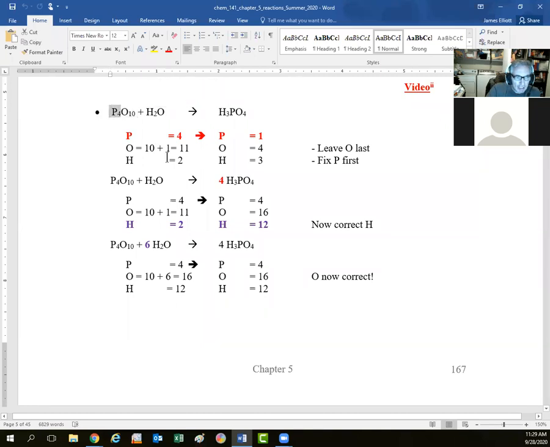We've got 4 atoms on the left, but only 1 on the right. So let's have 4 times more phosphorus on the right with 4 molecules of the phosphoric acid. That also has a quadrupling effect on the hydrogen and the oxygen content. So now 12 and 16 in total on the right.